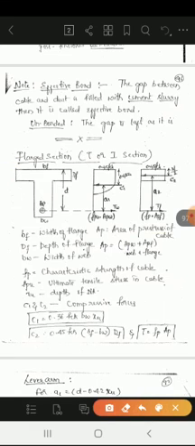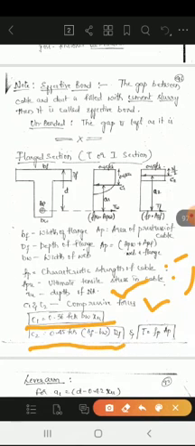FP is the characteristic strength of the cable, and FPU is the ultimate stress in the cable. XC is the depth of neutral axis, and here C1 and C2 are the compressive forces. C1 is equal to the formula they have given, that you have to remember. C2, the formula they have given, and even the formula for T they have given. T is equal to FP into AP.